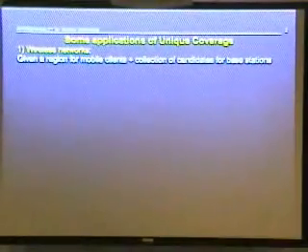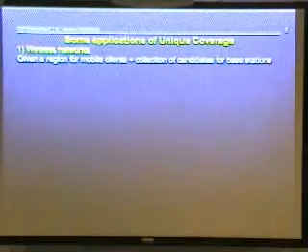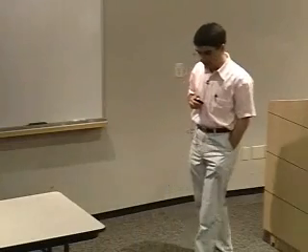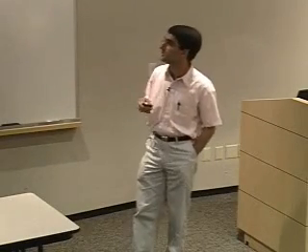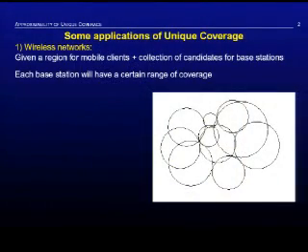Now, there are some applications. I name a few of them here. One of them is wireless networks. In fact, somebody from AT&T brought this problem to our group, and the abstract model for this problem turns out to be this unique coverage problem. So suppose we are given a region for mobile clients, and we are also given a collection of potential base stations.